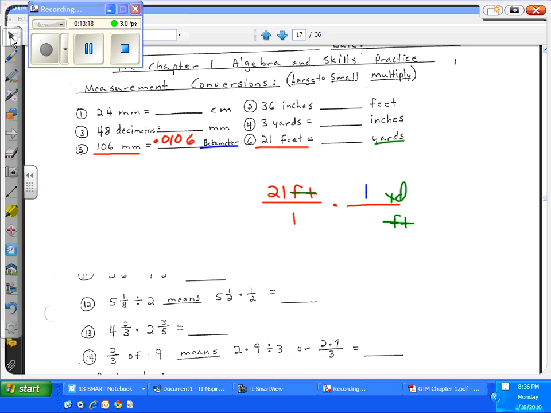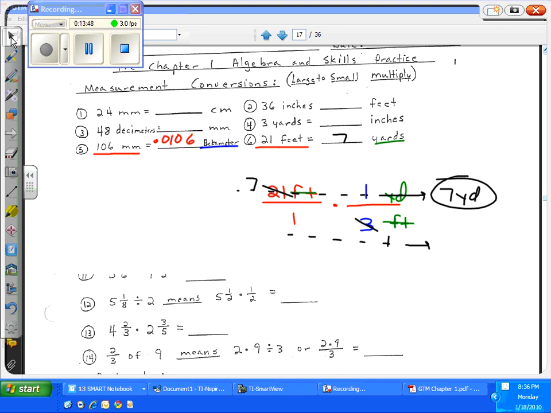We know that 1 yard is 3 feet. 3 goes into 3 once. 3 goes into 21 7. Multiply the numerators or numbers, 7 yards over 1, 7 yards. Any questions on using the dimensional analysis approach to converting units of measure?